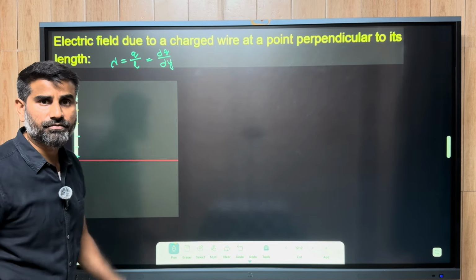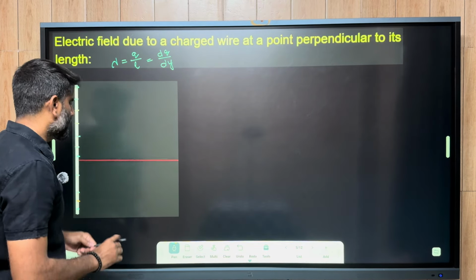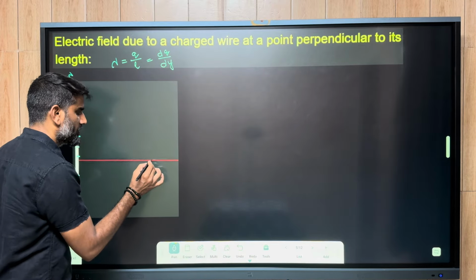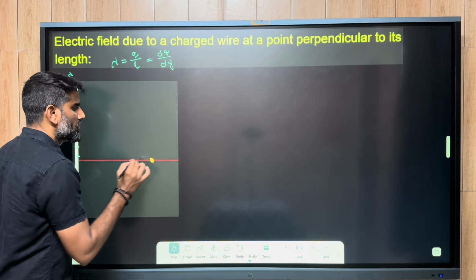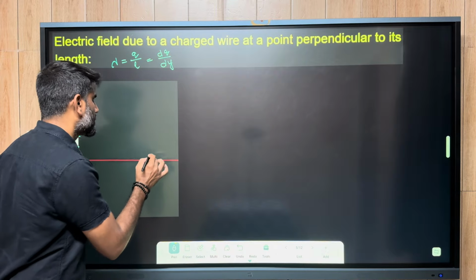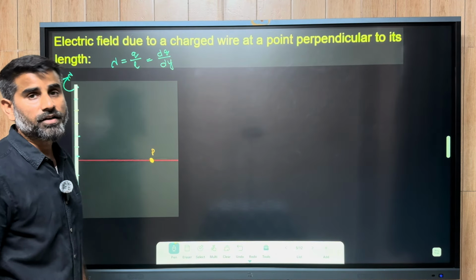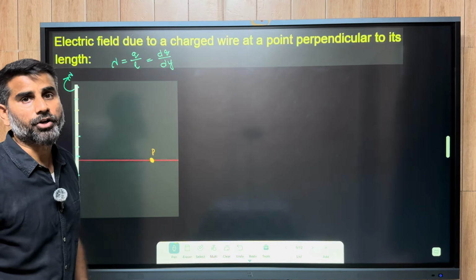It is again a finite rod. I'm going to consider a point P somewhere here, where I need to find the electric field due to this rod.